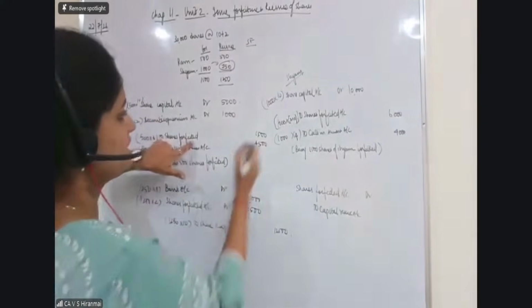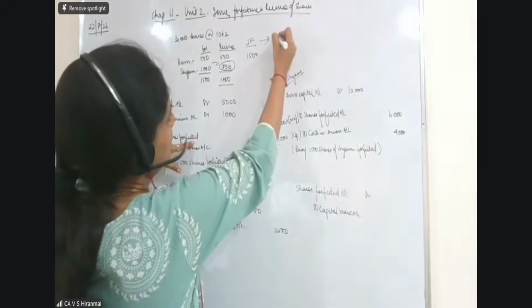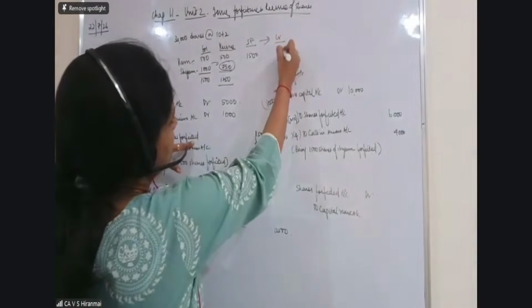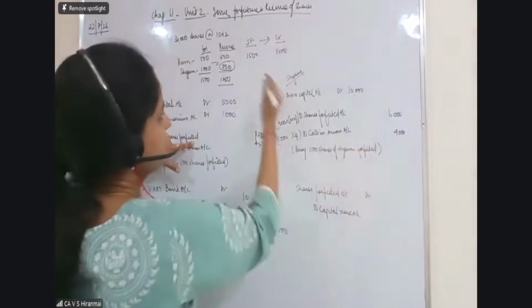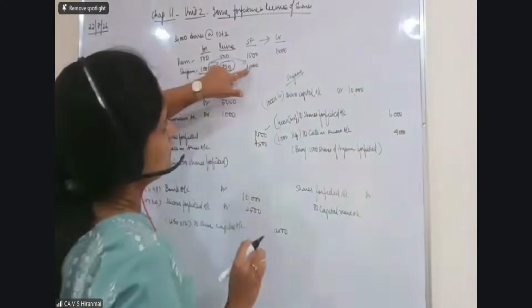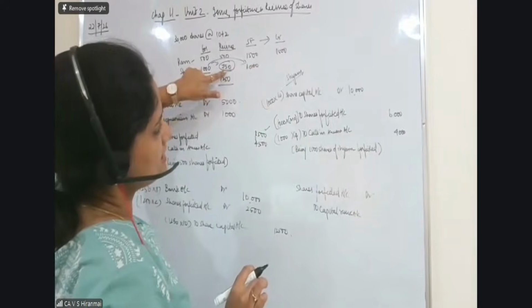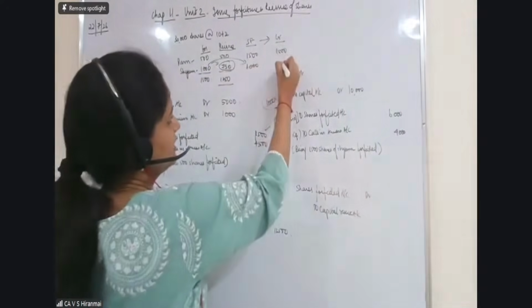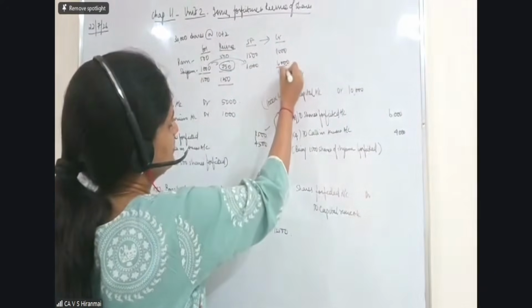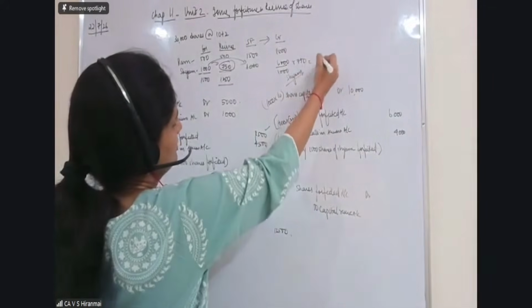From this entry, shares forfeited for Ram is 1500. So totally I will consider 1500. But for Shyam, 6000 rupees is for how many shares? It is for 1000 shares. So I should proportionately convert because only 750 shares are reissued. How do we convert? 6000 divided by 1000 into 750. So it is 6.